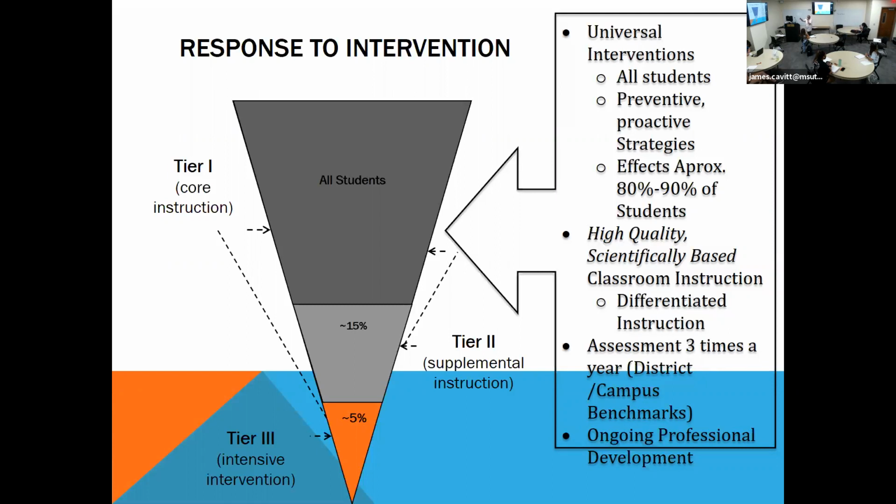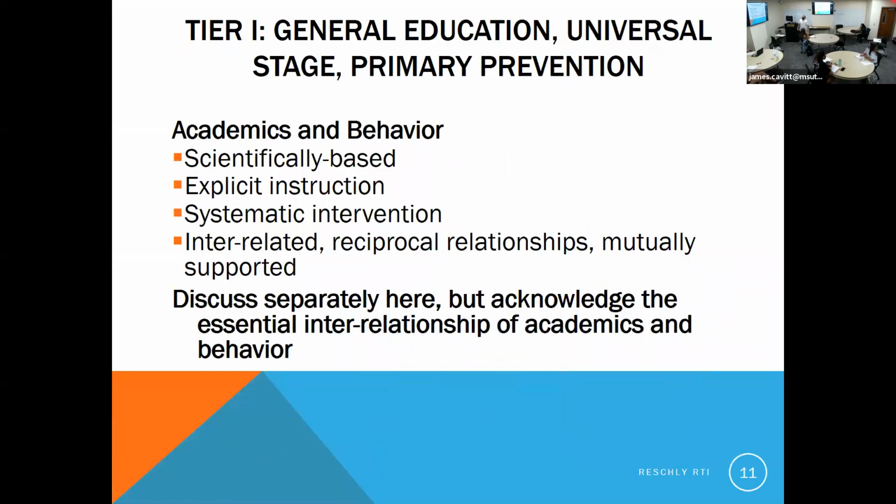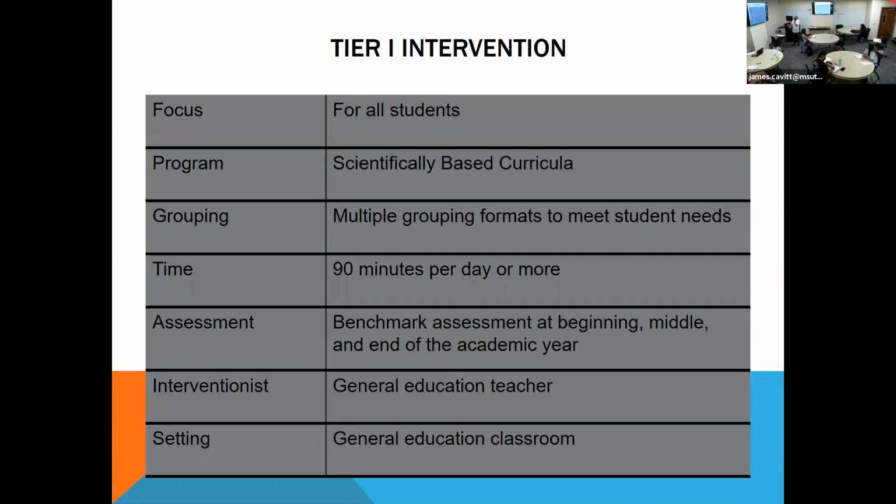But before we get to level 2, let's finish up with Tier 1. It's scientifically based general instruction in the classroom, systematically applied, and you're collecting some data. Tier 1 intervention is for all students.